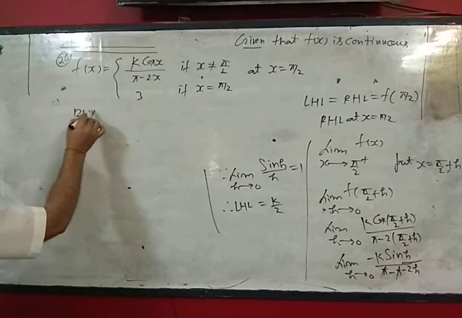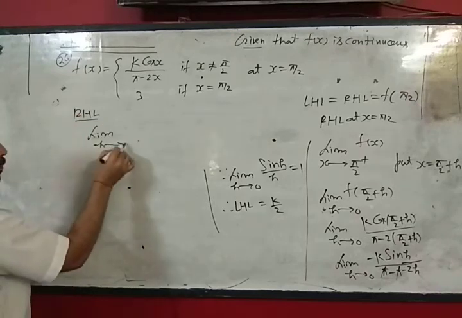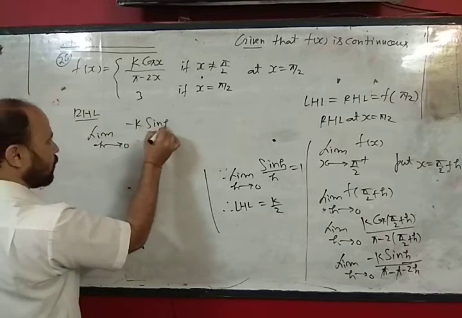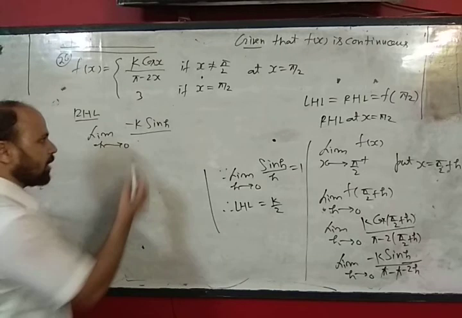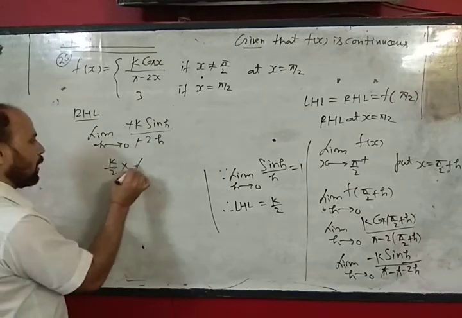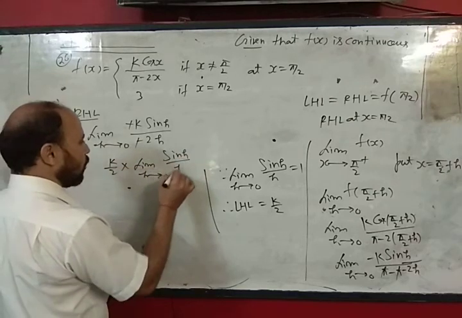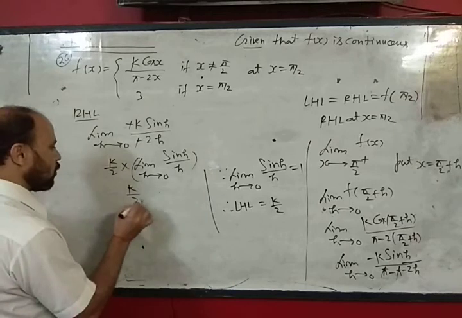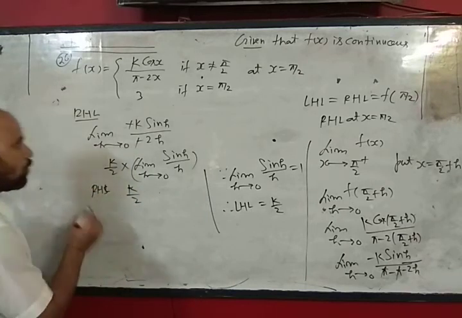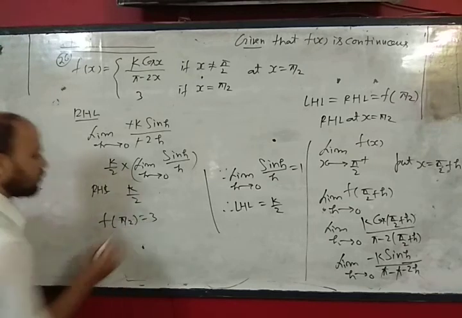Therefore limit h tends to 0 minus k sin h upon minus 2h. Cancel this minus sign. K by 2 into limit h tends to 0 sin h upon h, which is equal to 1. So RHL is also k by 2. Now the value of the function at the given point, that is pi by 2, is 3.